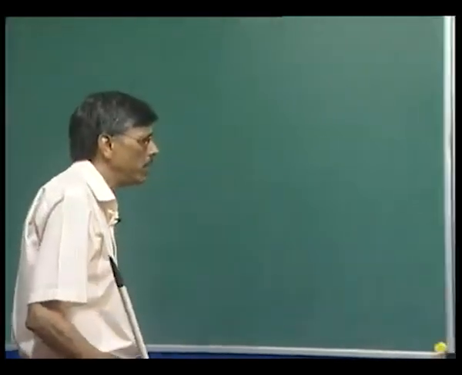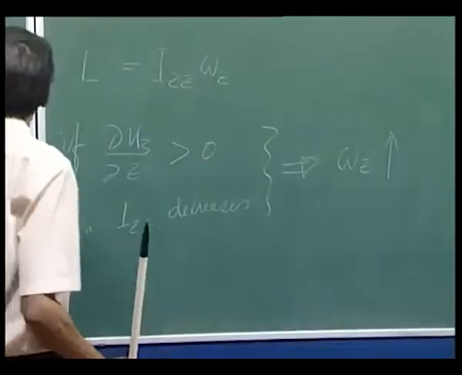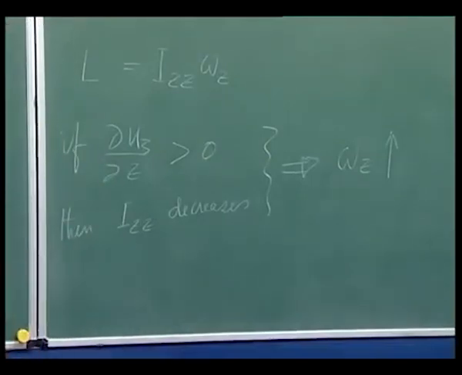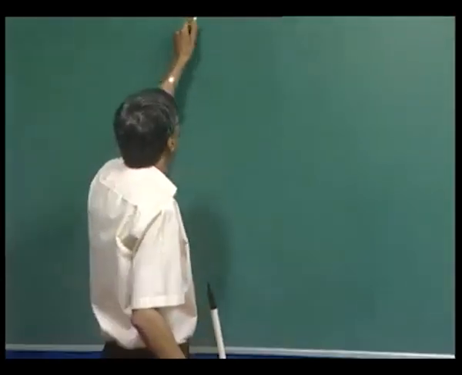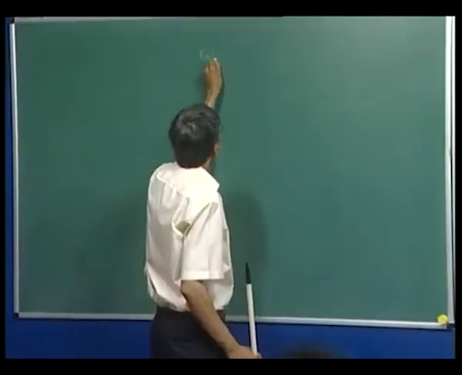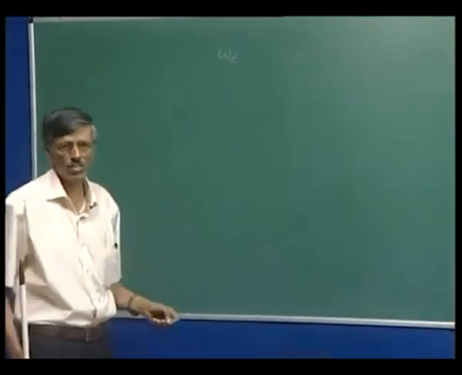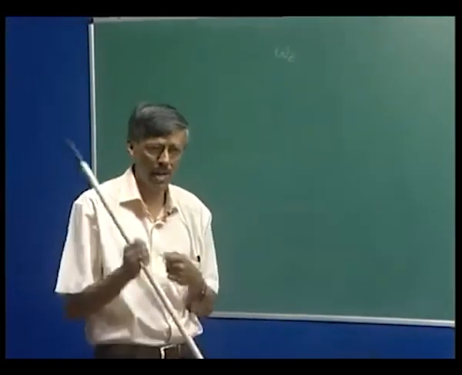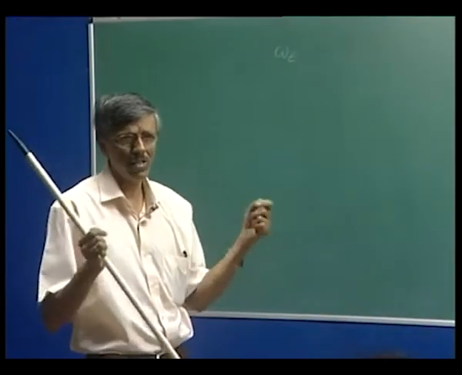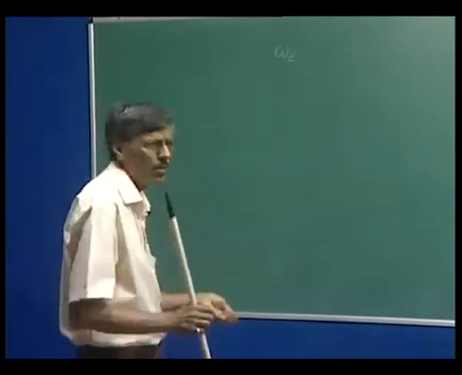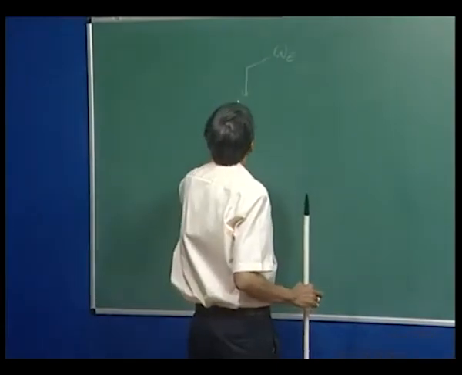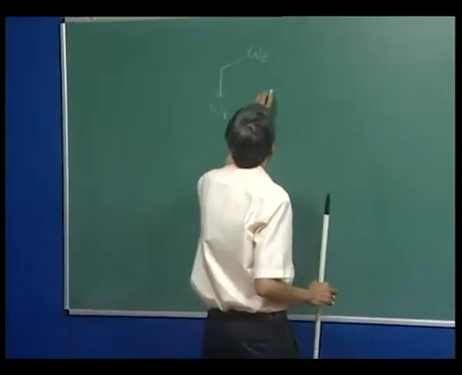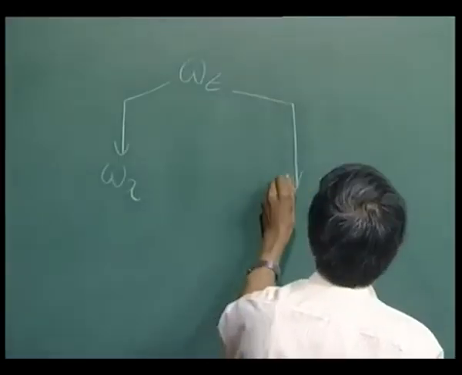That we can show in terms of a tree diagram: if I have omega z here, and because of this stretching term omega z is increasing, that will affect omega x and omega y. So, we get a corresponding variation in omega x and omega y.